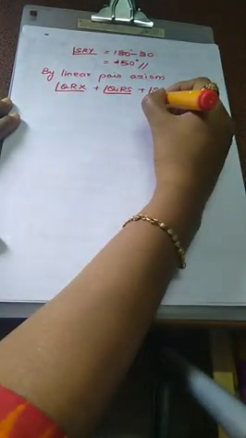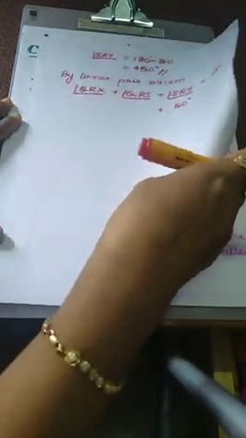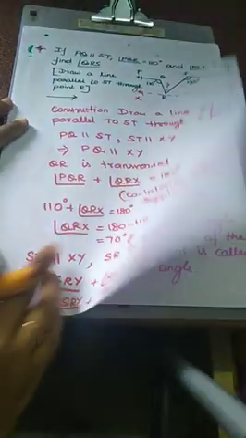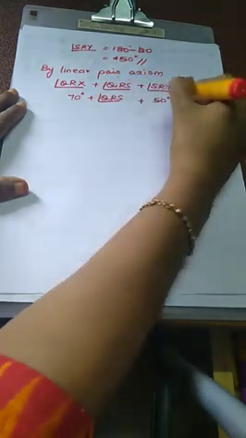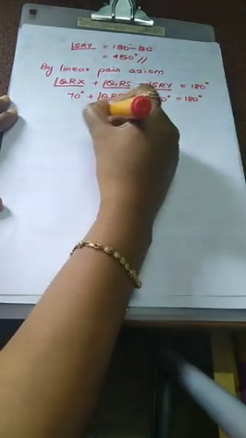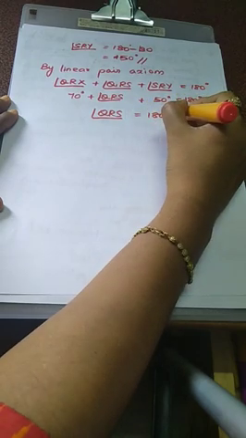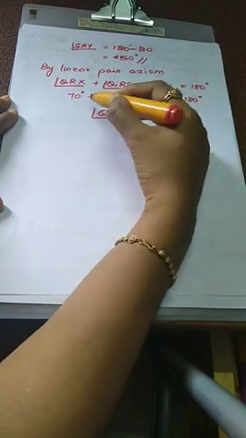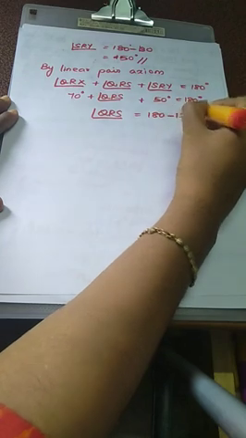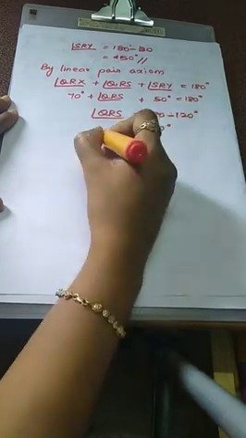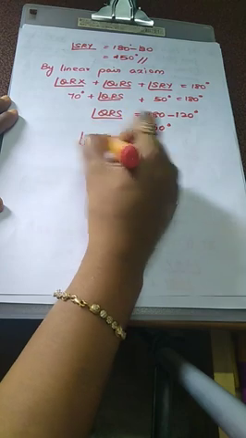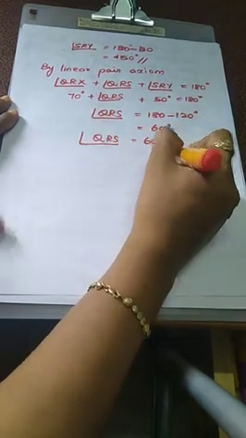We know the SRY value, that is 50 degrees. The QRX value is 70 degrees, plus QRS is equal to 180 degrees. So QRS is equal to 180 minus, 70 plus 50 is 120, so that is 60 degrees. So QRS is equal to 60 degrees. That's all.